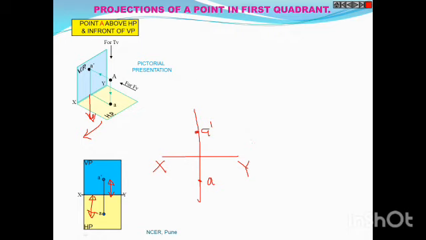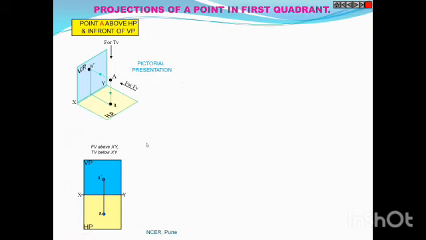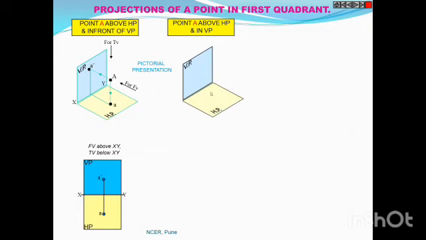Okay, second case: the point is in the first quadrant, above the HP and in VP. This point is above the HP by some distance and it is positioned on the vertical plane.